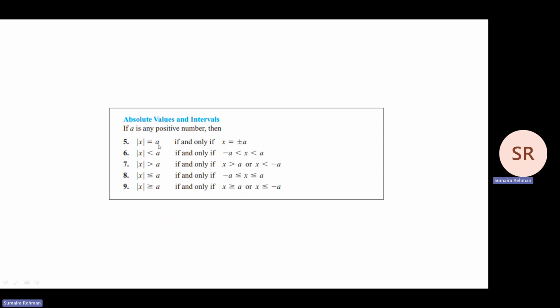If you have such a problem, then you will utilize these properties, and if you have such a problem, strictly less than a, then you will take this x, whatever x is here, write this inequality and solve the problem, and so on. So you have to remember all these absolute value properties.